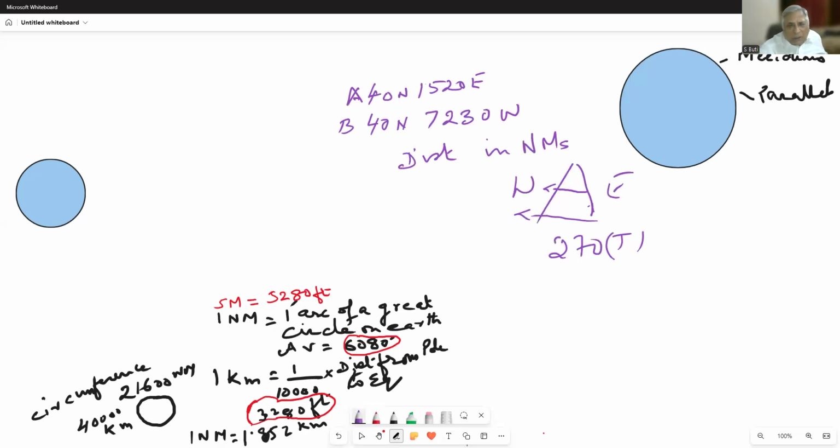Similarly, in dlat dlong, if the second place is towards south of this place A, even if they are both in the same hemisphere, then your track will be 180, and this track will be 360. So you can find out track and distance between the places if they are located on the same latitude or same meridian.